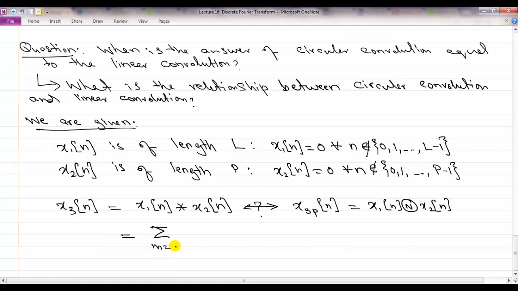So we have the sum over m from minus infinity to infinity, x1 of m, x2 of n minus m. Now since x1 is 0 for everything outside 0 to L minus 1, I can change this summation to m from 0 to L minus 1, x1 of m, x2 of n minus m.